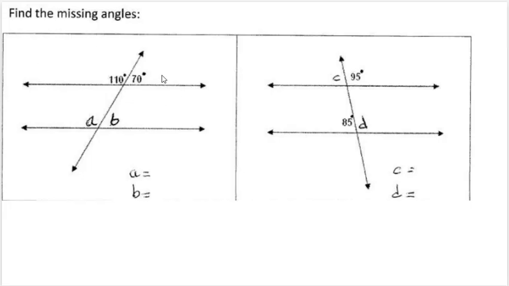Now this is an example. We have this and we're looking for A and B. Remember, since these lines are parallel to each other, we can make an upside down F. When we make an upside down F, we are showing that this 70 is the same as this B. So B is 70 degrees, while A will be 110 degrees.